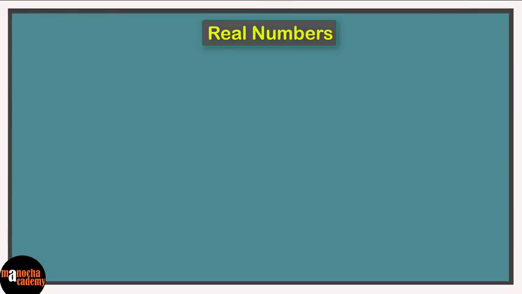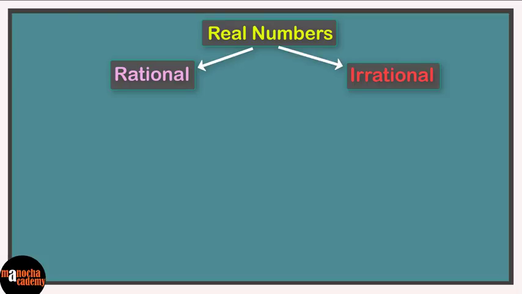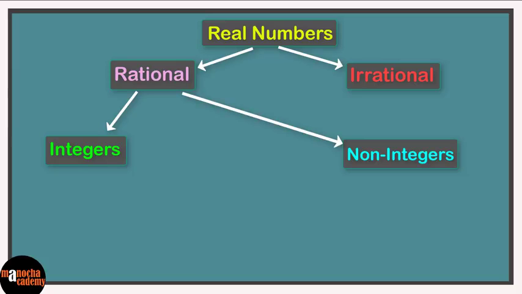We can also visualize the number system by starting from the top, that is, from the real numbers. Let me pull up the concept board for you. Real numbers can be divided into rational and irrational numbers. Rational numbers can be divided into integers and non-integers.